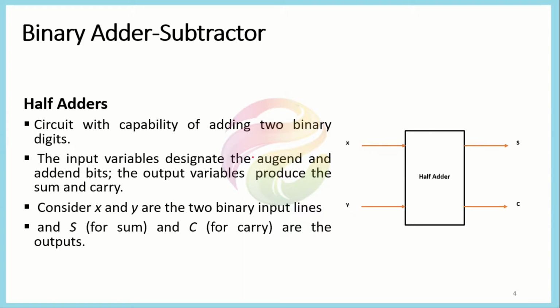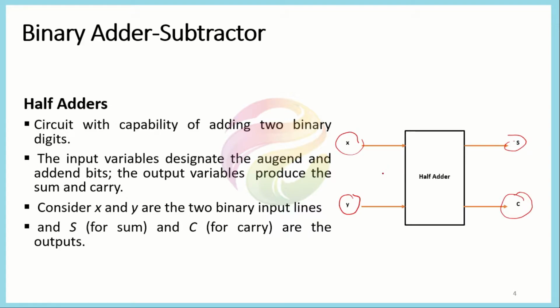The most common or simple of the adders is the half adder. In the half adder system, we have two single bit input lines. We represent them as, say, X and Y. As we discussed in the last slide, the result of these 2 bits can be represented in the form of two outputs: the sum and the carry.